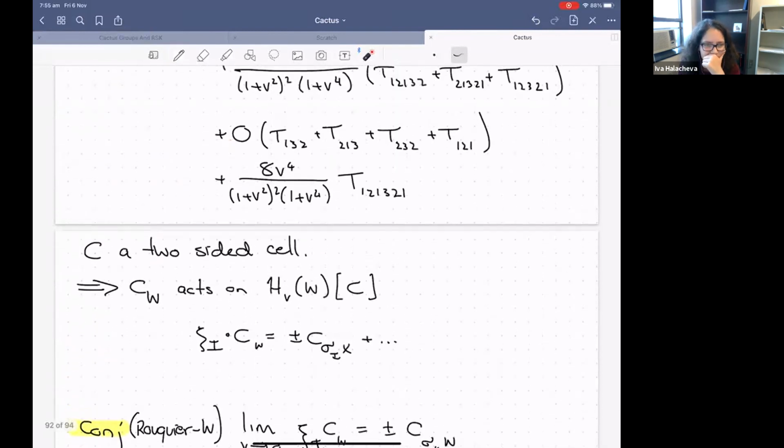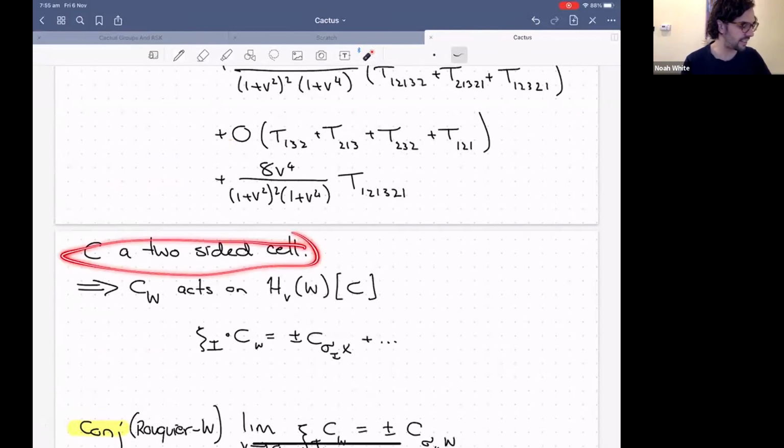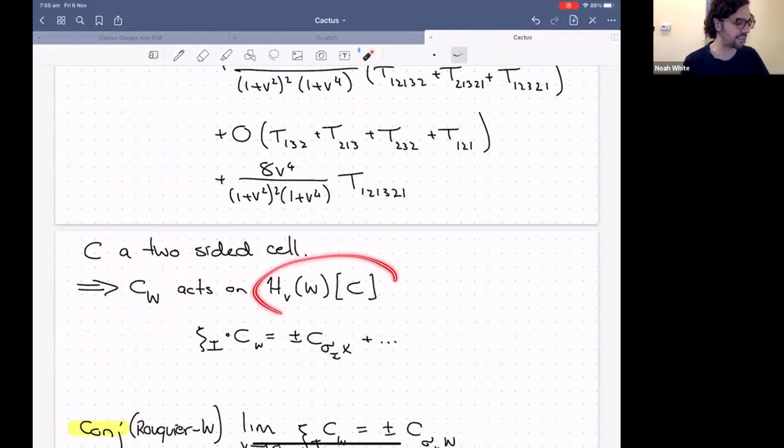Okay, so as I said, the main point here is that if you take a two-sided cell, then the Cactus Group acts on this cell module according to a formula like this.